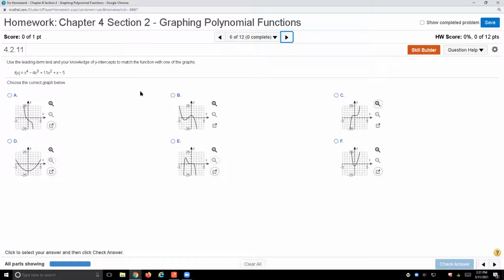Is the leading coefficient positive or negative? It's positive, so it can't be E. So it has to be either D or F. The y-intercept is -5. This one crosses at -15, and this one crosses at -5. So which one is it? It has to be F, because it crosses the y-axis at -5. So we know the basic shape of the graph already now. What do y'all think so far?